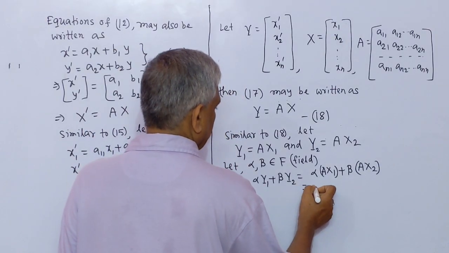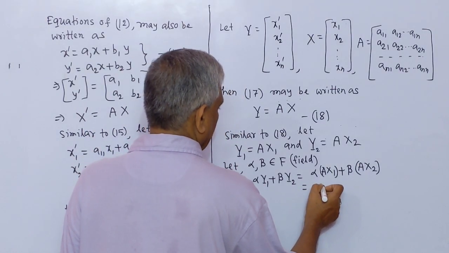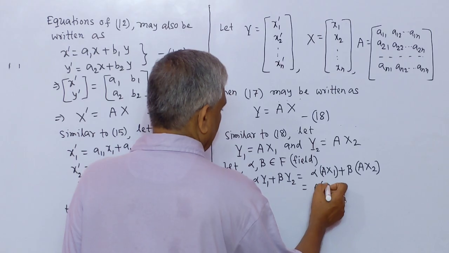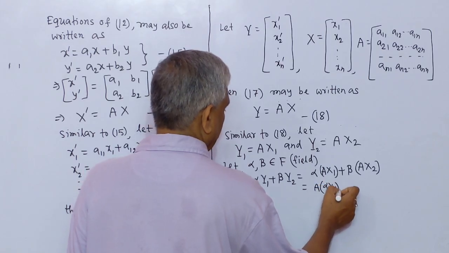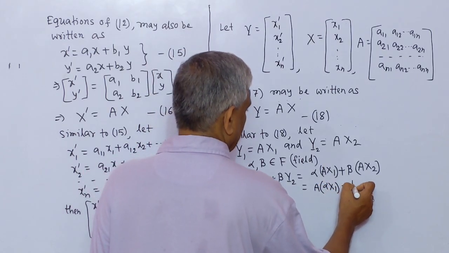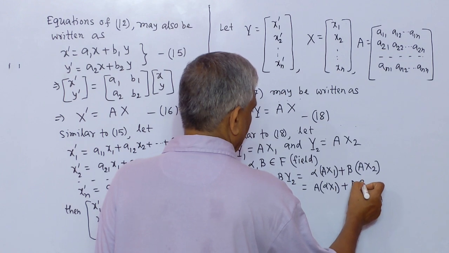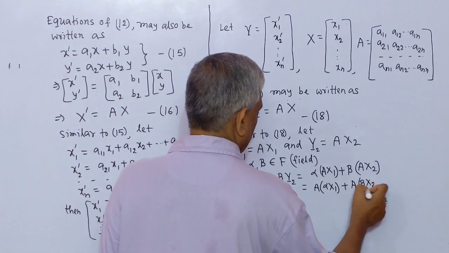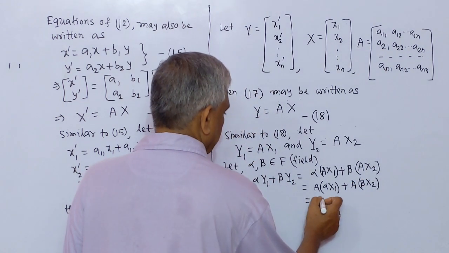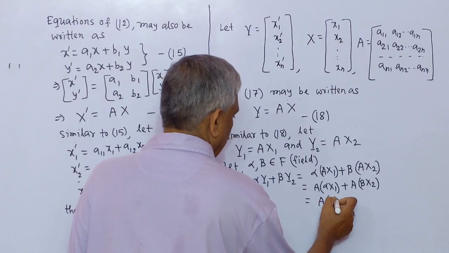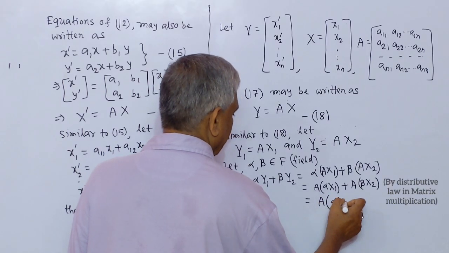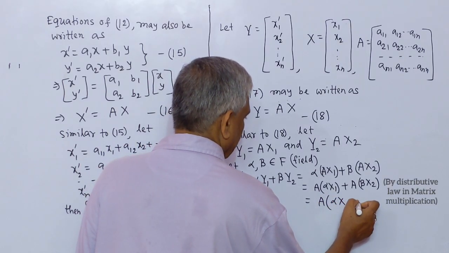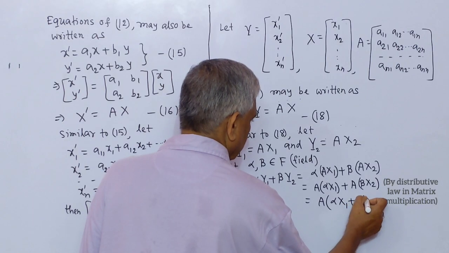This is equal to A alpha x1 plus A beta x2. This is equal to A times alpha x1 plus beta x2.